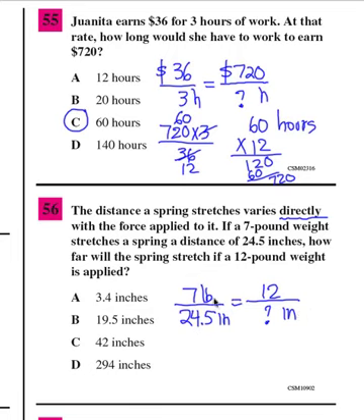So 7 and 12 is about, double 7, kind of. So this number should be about double. I'm going to guess the answer is C. Let's do it. 24.5 times 12.